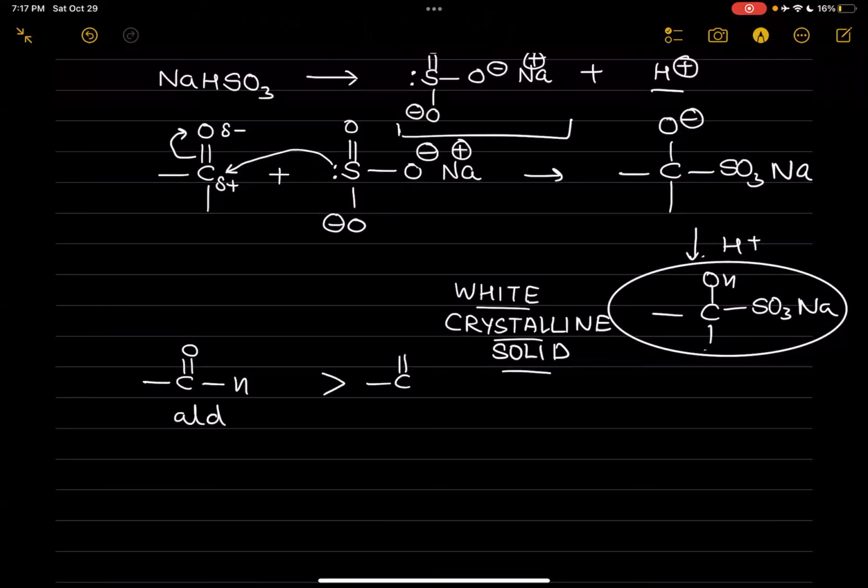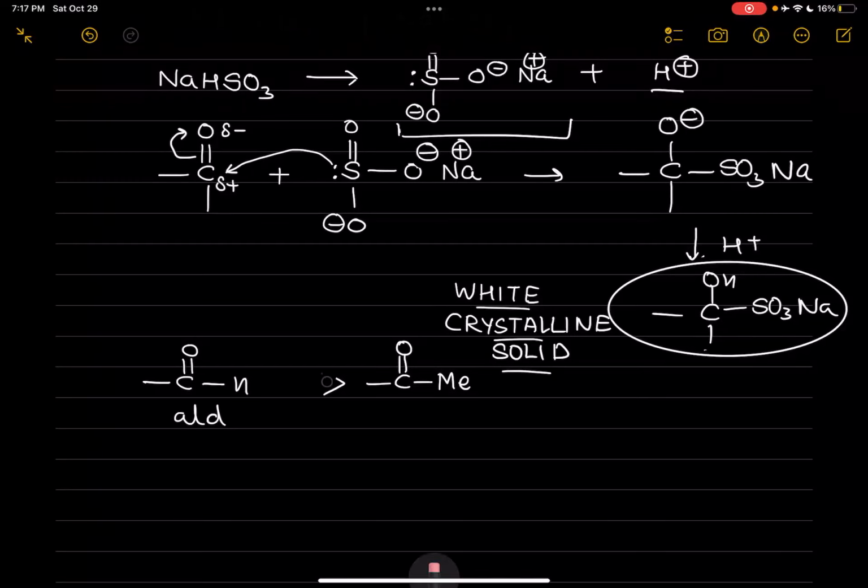But in ketones, only methyl ketones are going to react. If you have a bigger ketone, then the reaction may not happen. Is it clear? Yes, sir.